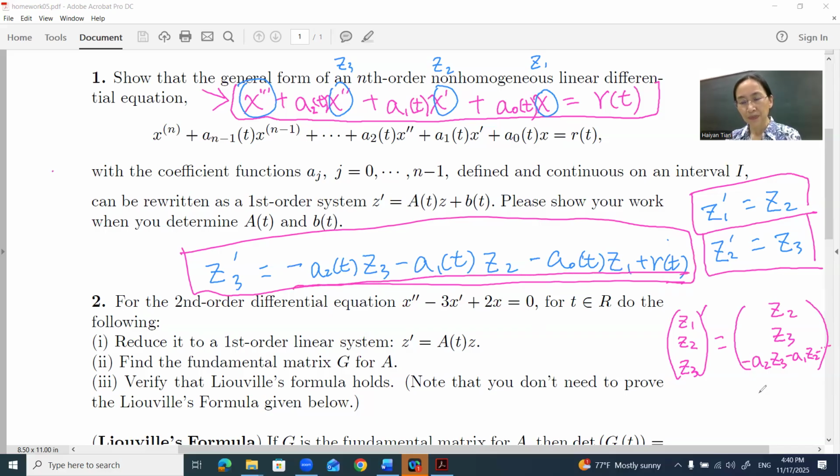But of course, this vector field can be written as a matrix times a vector. So we can simply write this as a matrix times the vector z1, z2, z3.